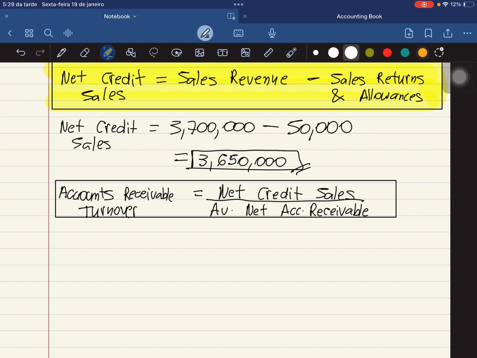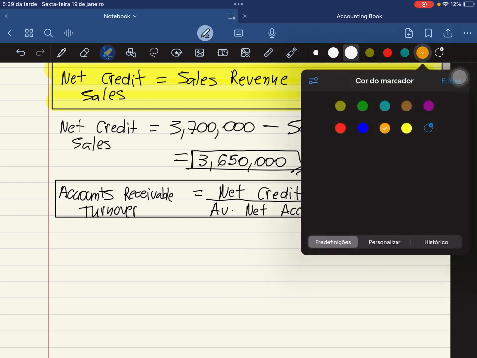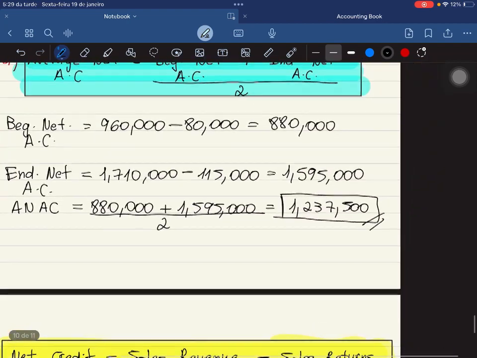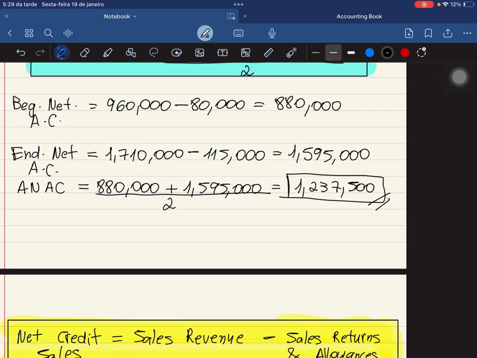Which color do I feel like using today? I feel like using green. Okay, I'm just going to call this ART. Okay, all right, so that was 3,650,000. And what was the average net accounts receivable? 1,237,500, right?